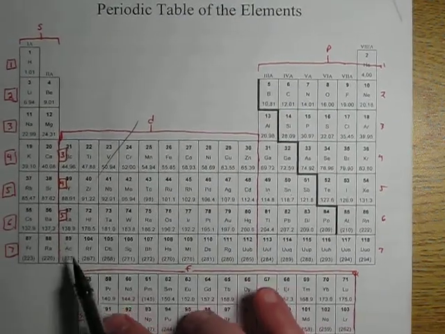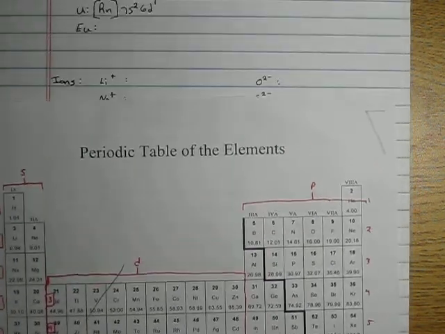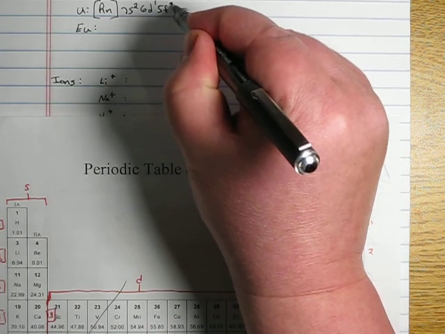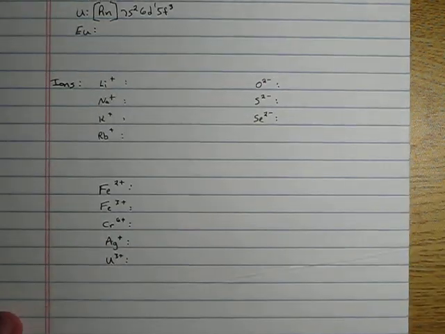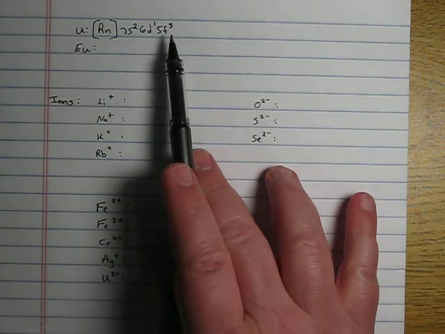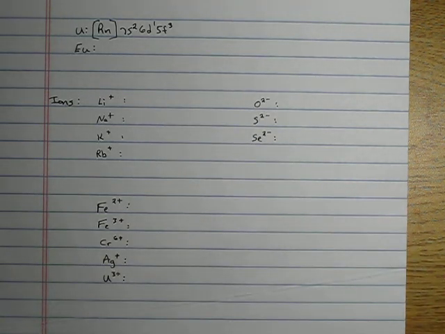And after 6d1 is 5f, 1, 2, 3. 5f3. All right, so we have radon core 7s2, 6d1, 5f3. Note, we did not go into the 6d's anymore, so this is it. That's the electron configuration for uranium. Cool.